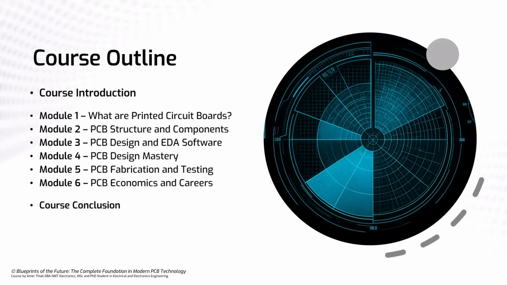In Module 5, we'll walk through the fabrication, assembly, and testing process, from DIY prototyping to large-scale commercial production, including soldering, inspection, automated testing, and quality assurance practices. Finally, Module 6 will conclude the course, focusing on the economics of PCBs, current industry trends, and the career opportunities available in this fast-growing field.